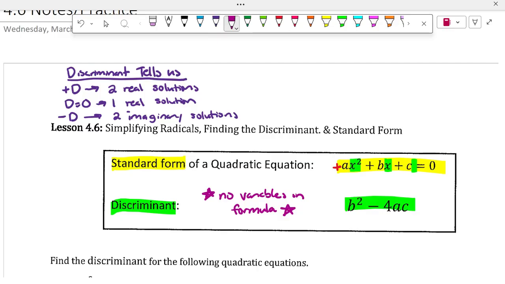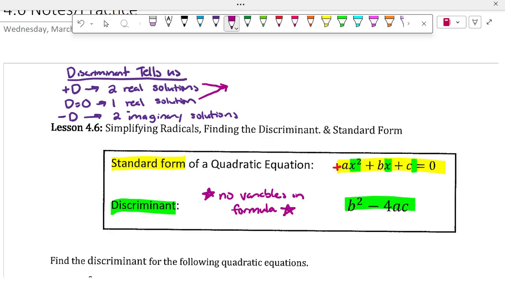Now, not only can whether it's positive, negative, or 0 tell us something, also whether it's a perfect square or not can tell us some stuff, but it only applies to the real solutions. So only for positive discriminant and 0.